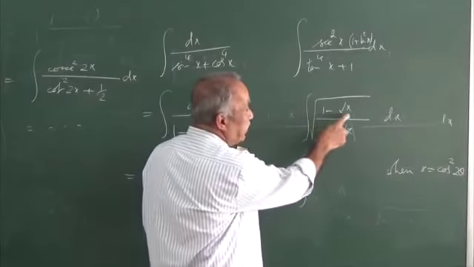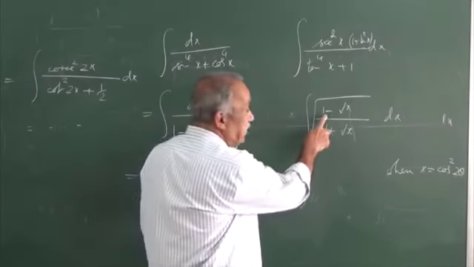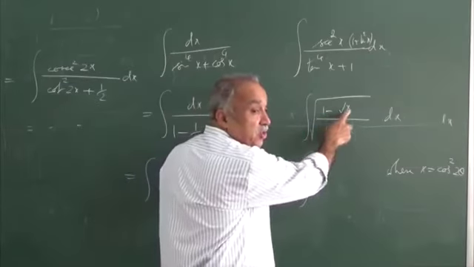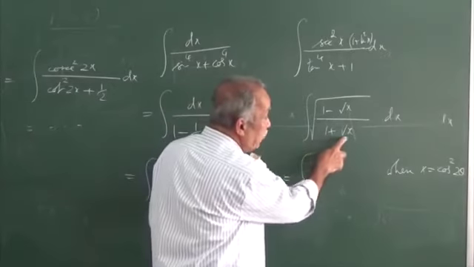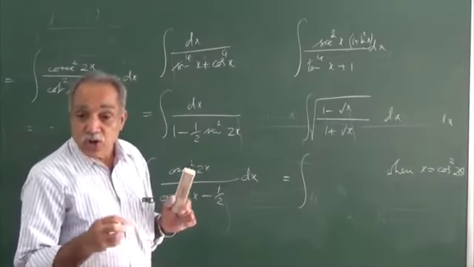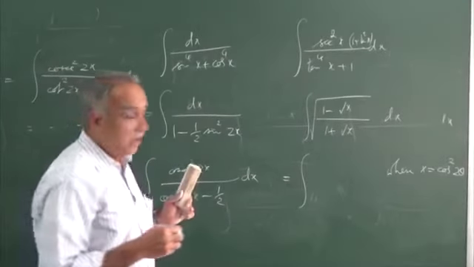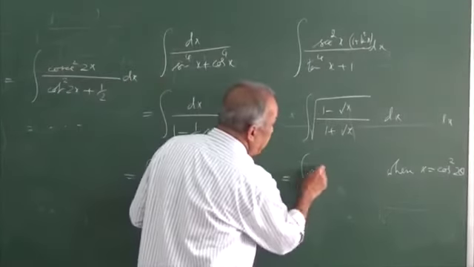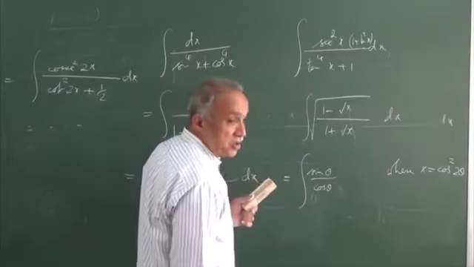This becomes 1 minus cos 2 theta, which is simplifiable as 2 sin square theta. This becomes 1 plus cos 2 theta, which is 2 cos square theta. Cancel out common factors. You will get sin theta by cos theta into dx.